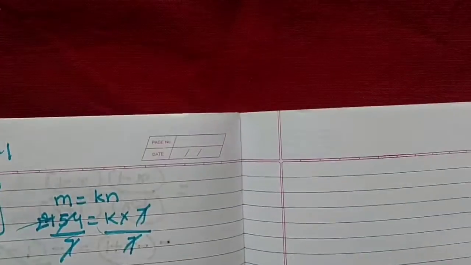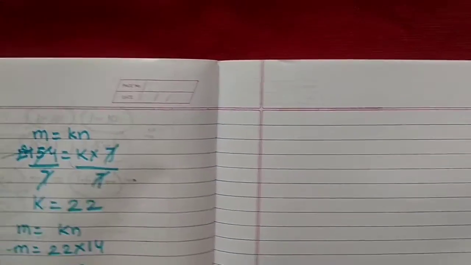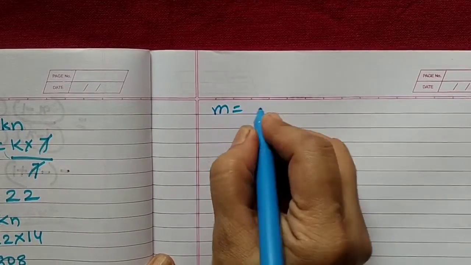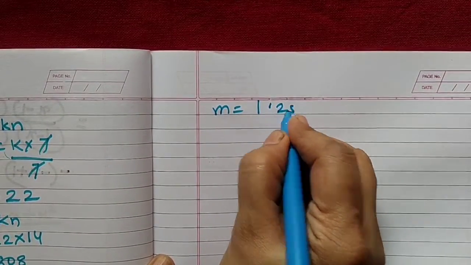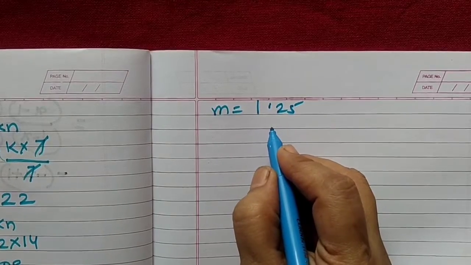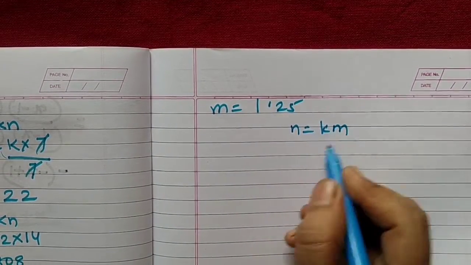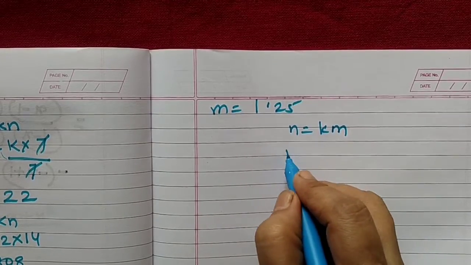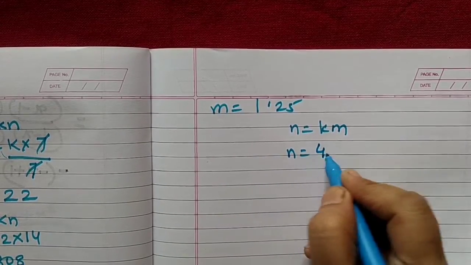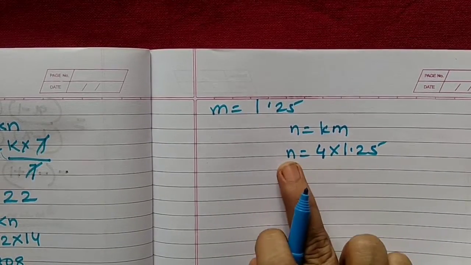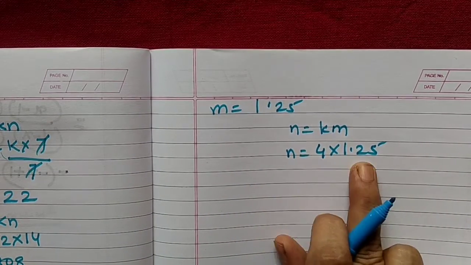Now one more sum is left in this part that we will do. Here they have given us m is equal to 1.25. Again we'll write the equation. What is the equation? n is equal to k into m. We have to find out n. So n is equal to, k is 4, 4 into 1.25. Now here we have to find out n, so I will multiply.